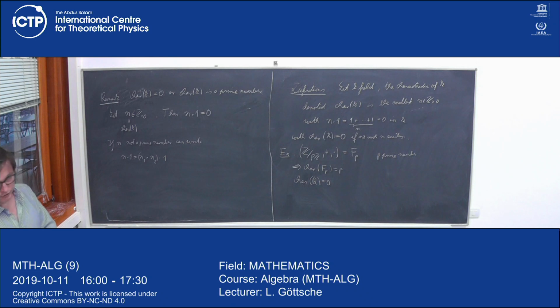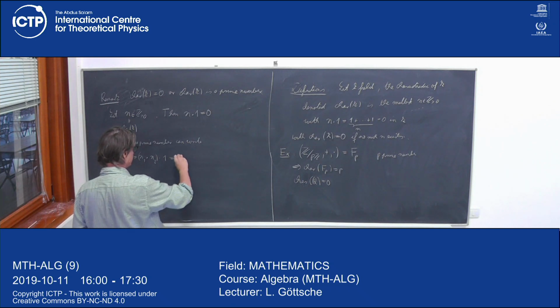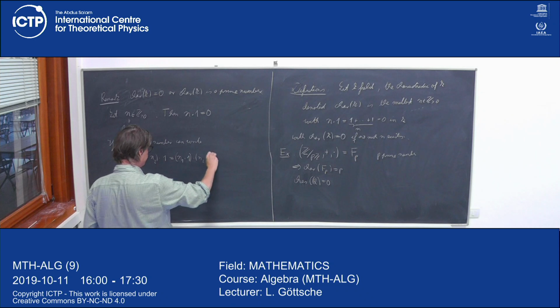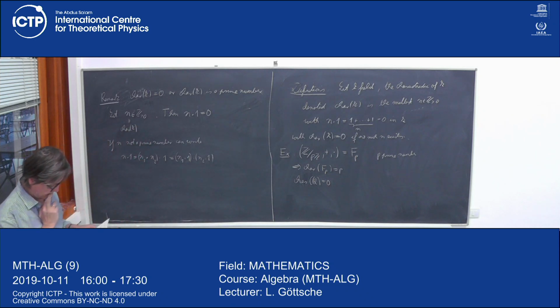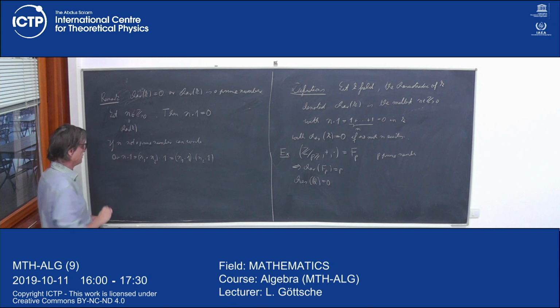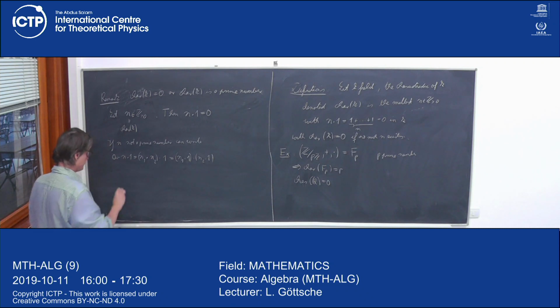And the way the distributive law works, this is the same as n1 times 1 times n2 times 1. And so in the field, obviously, we have no zero divisors. So if this product is equal to 0, then one of the factors must be equal to 0.